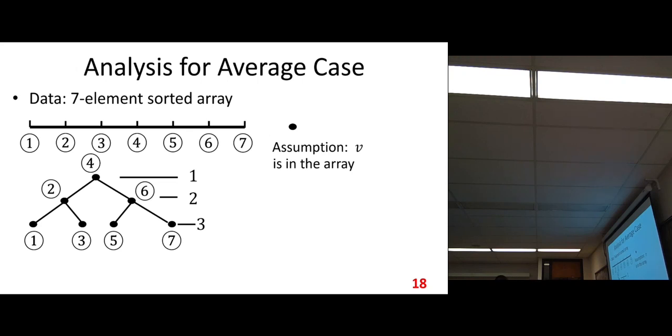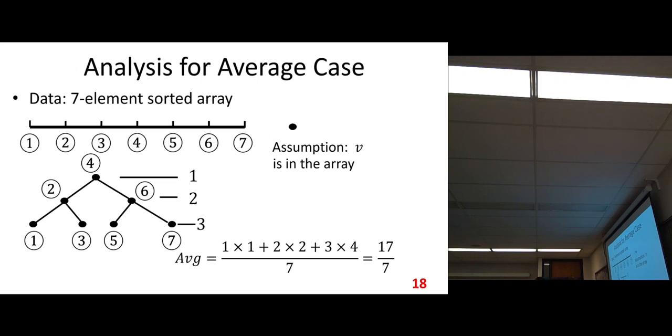What is the total number of comparisons for all 7 cases, then divided by 7? For 1 comparison, you only have 1 case, so 1 times 1. For 2 comparisons, you have 2 cases, so 2 times 2. For 3 comparisons, you have 4 cases, so 4 times 3.